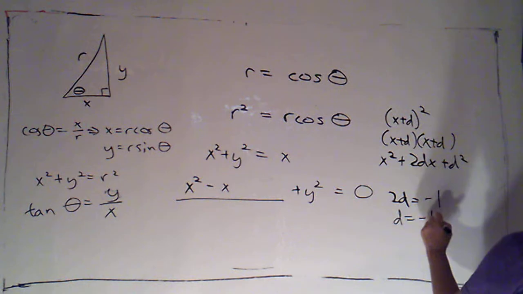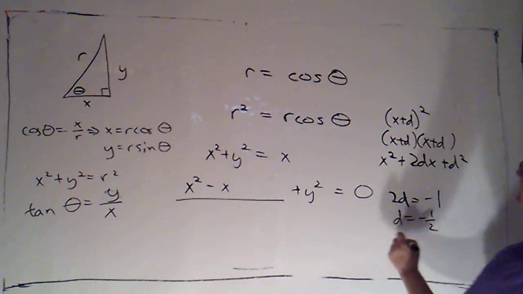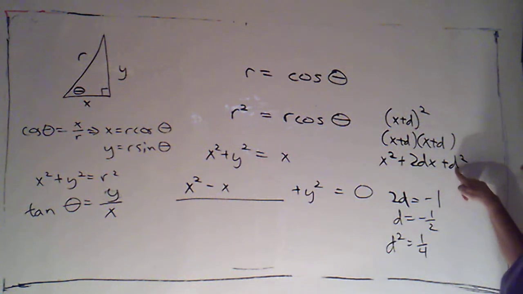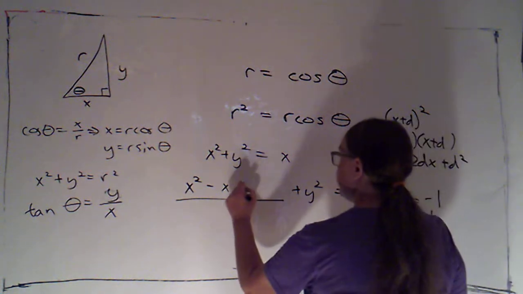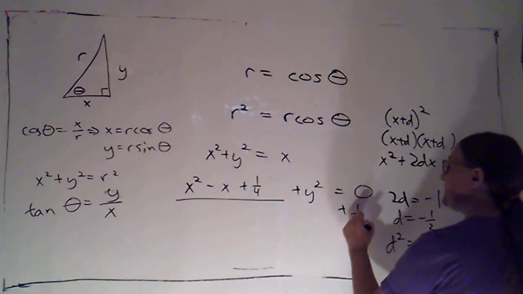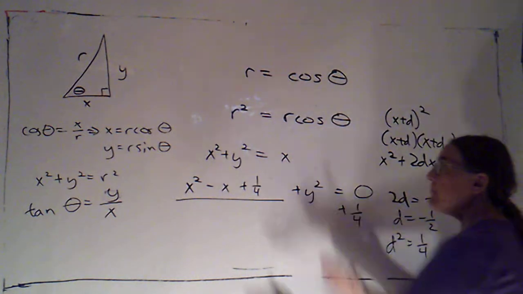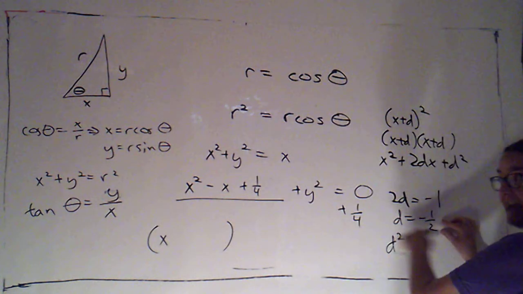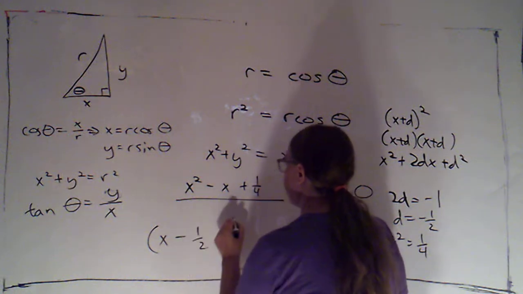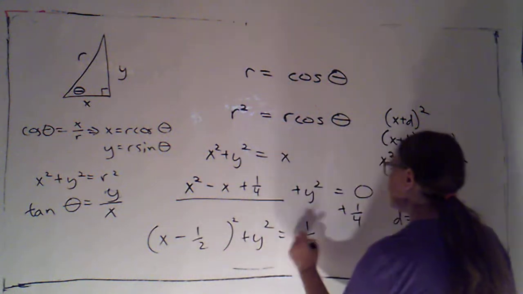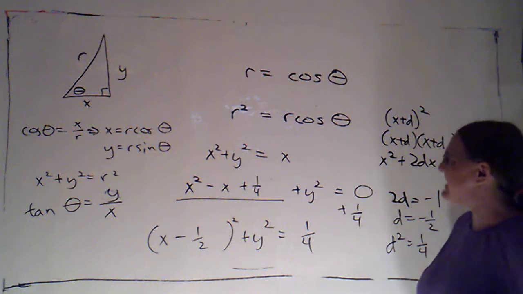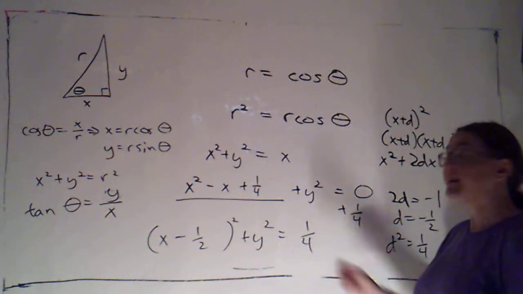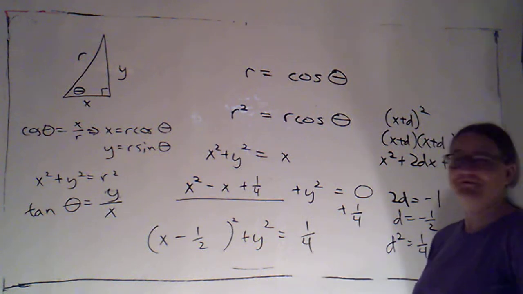So d would have to equal negative 1/2. Therefore, d squared would equal positive 1/4. I want to add a 1/4 here, which I can only do if I also add it to the other side. But then I know that that factors. That's x plus my d, which was negative 1/2, so x minus 1/2 quantity squared, plus y squared equals 1/4. And so now I can see, yes, that is a circle. It's centered at 1/2 comma 0, and its radius is the square root of 1/4, which would be 1/2.